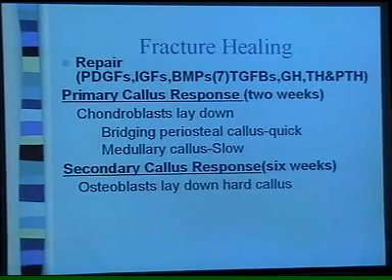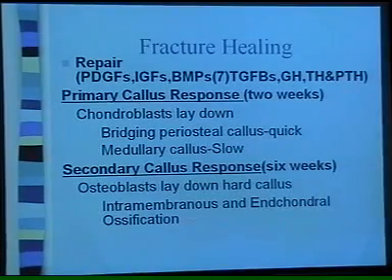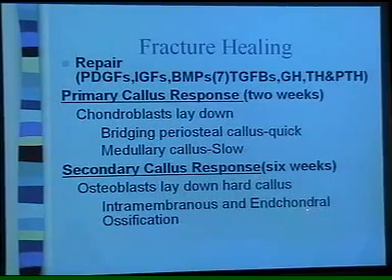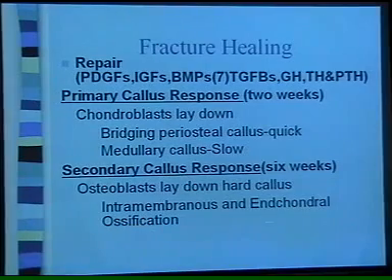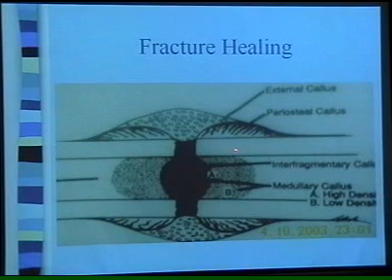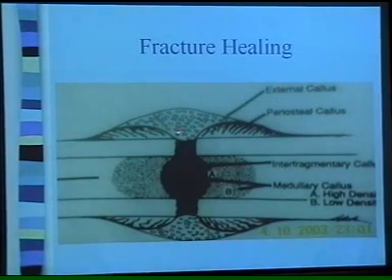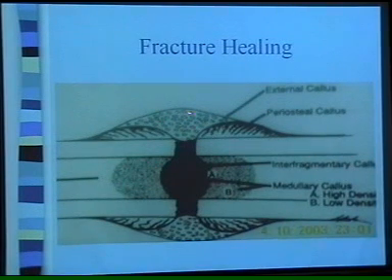But this is a hard callus which they start straight after in 2 areas. One under the periosteum, intramembranous, and one inside the medullary canal. So endochondral and intramembranous ossification. That's a good picture to explain. This outer callus is the one which the chondroblasts lay down very quickly within 2 weeks. This is a primary callus.